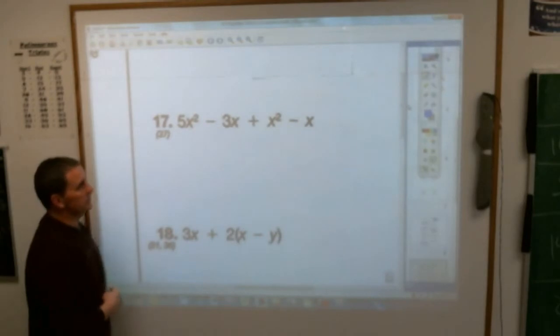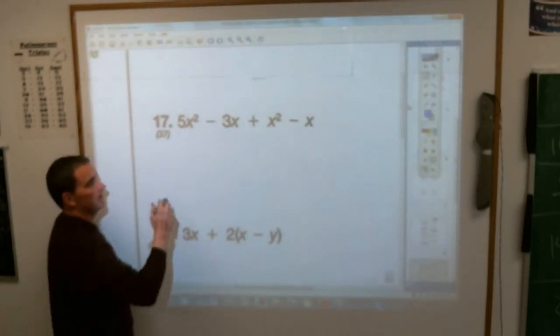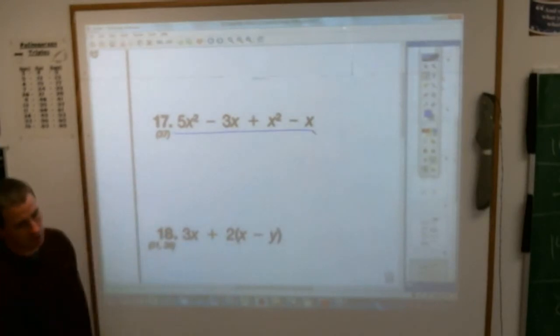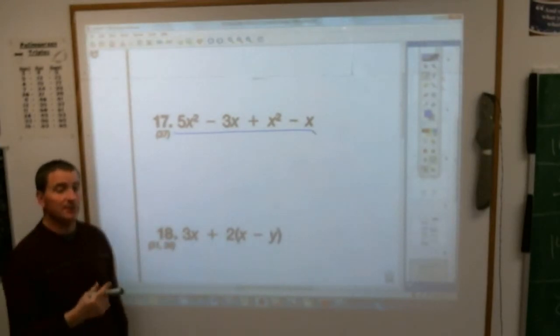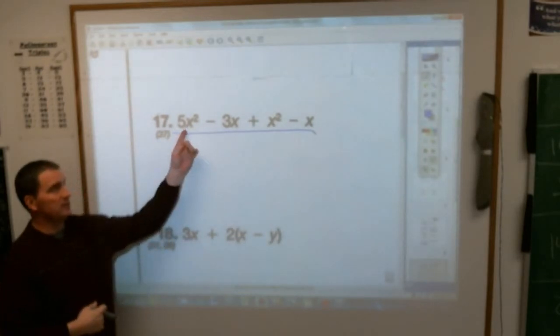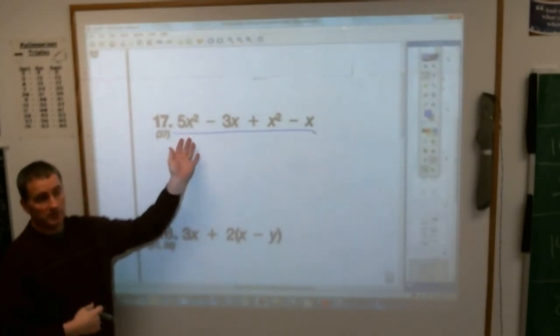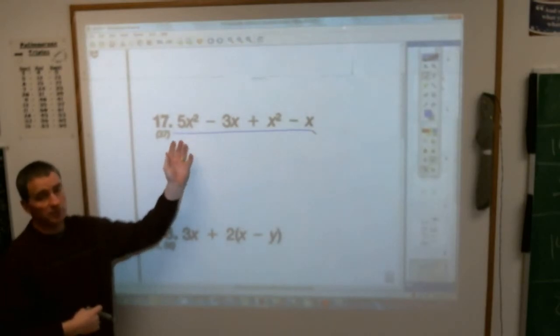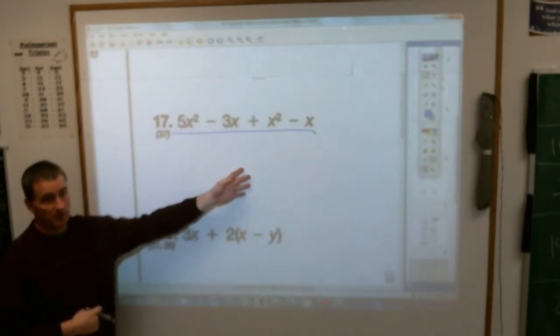Alright, here's the spiel, people. You are combining, or as the book calls them, collecting like terms. Like terms have to be the same letters to the same exponents. Here, x squareds are kind of snooty because they're like square people. They only like other x squareds. You can only put x squareds with other x squareds.